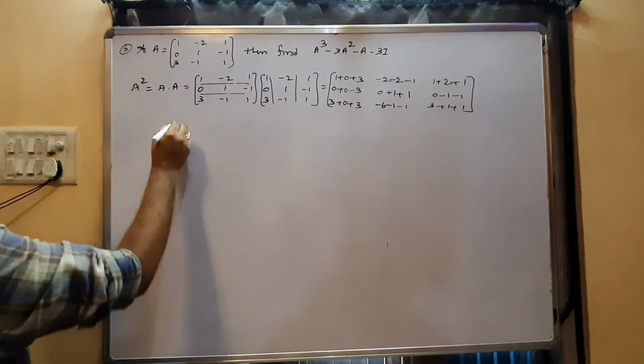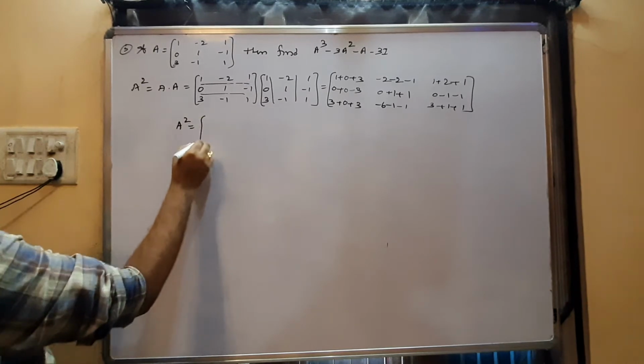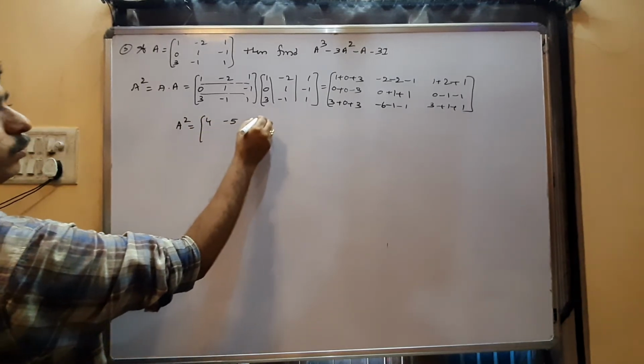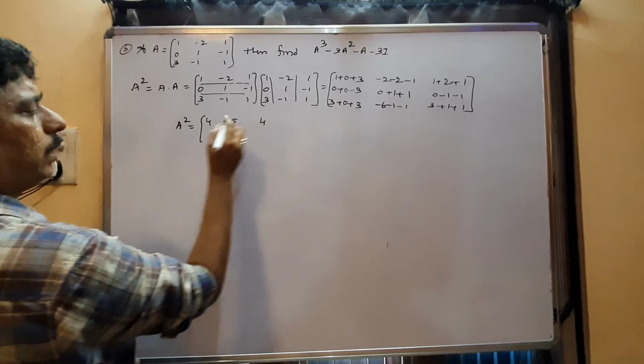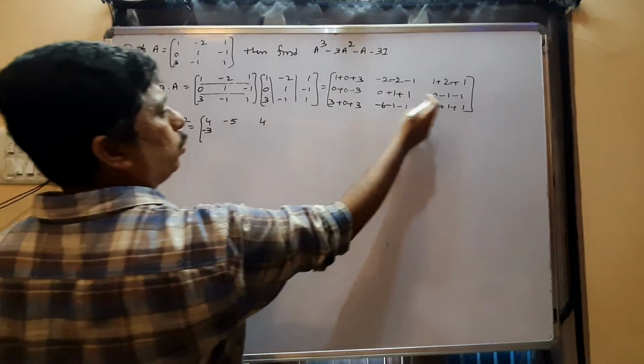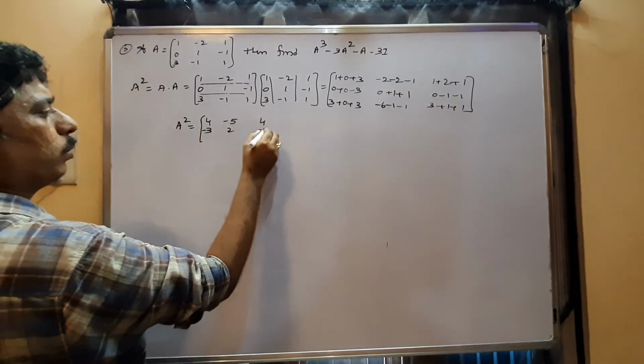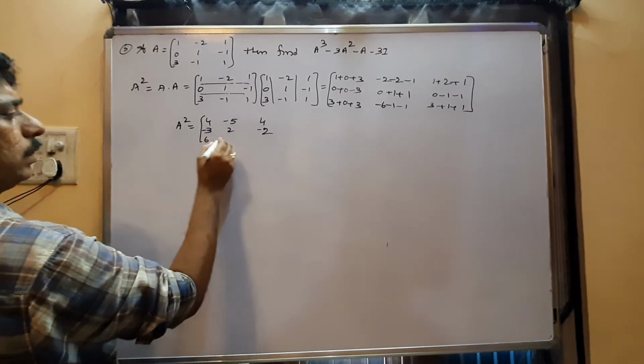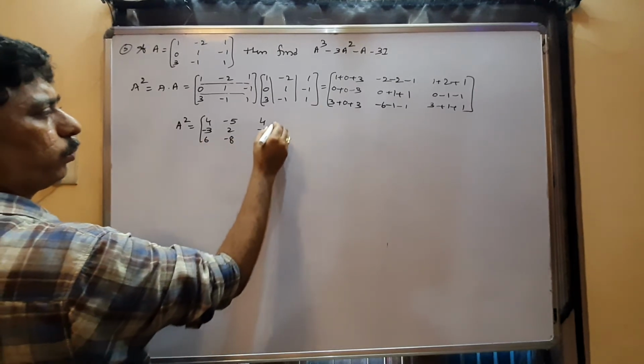So A square value is 4, minus 5, 4, minus 3, 2, minus 2, 6, minus 8, 4.